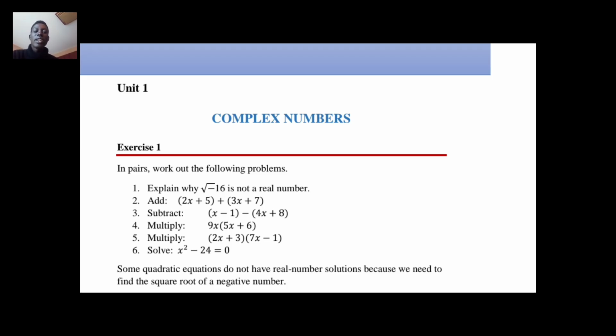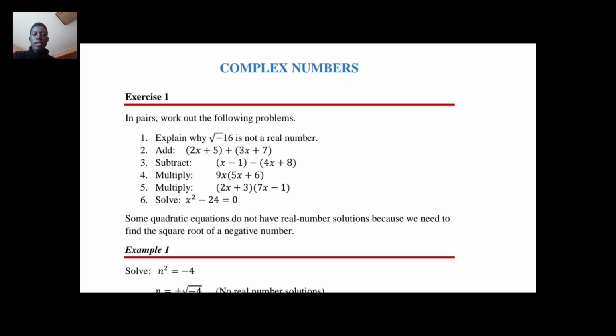Don't forget that. So complex numbers are used to get the values of some quadratic equations which are difficult to solve.